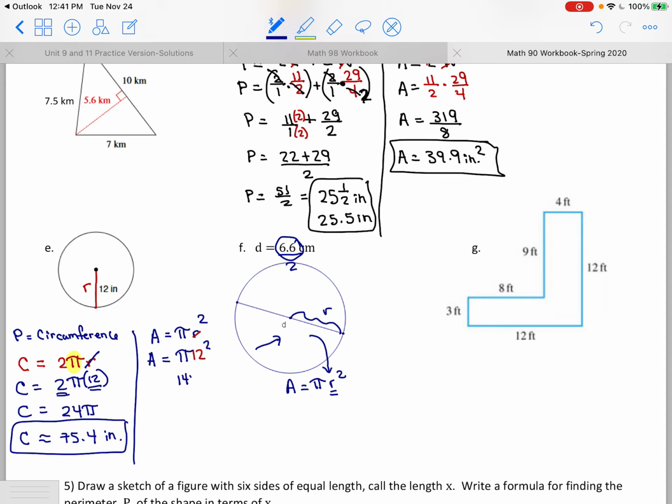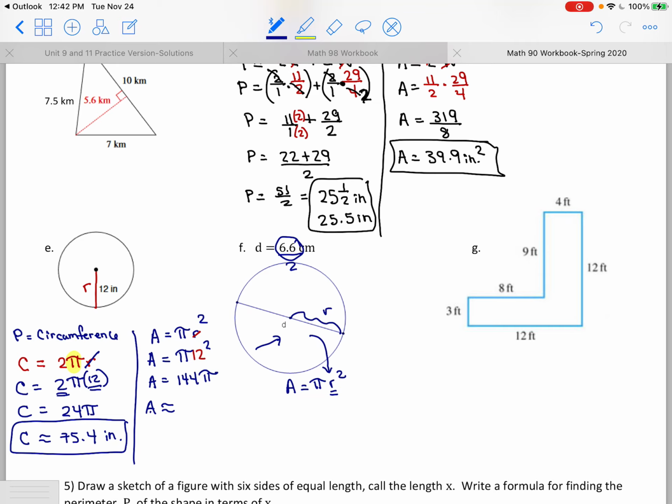Okay, so 12 squared is 144. So area is equal to 144 pi, and that would be inches squared. That would be our exact answer, but we'll go ahead and multiply those together. And when we do, let me get the actual, so 144 times pi.